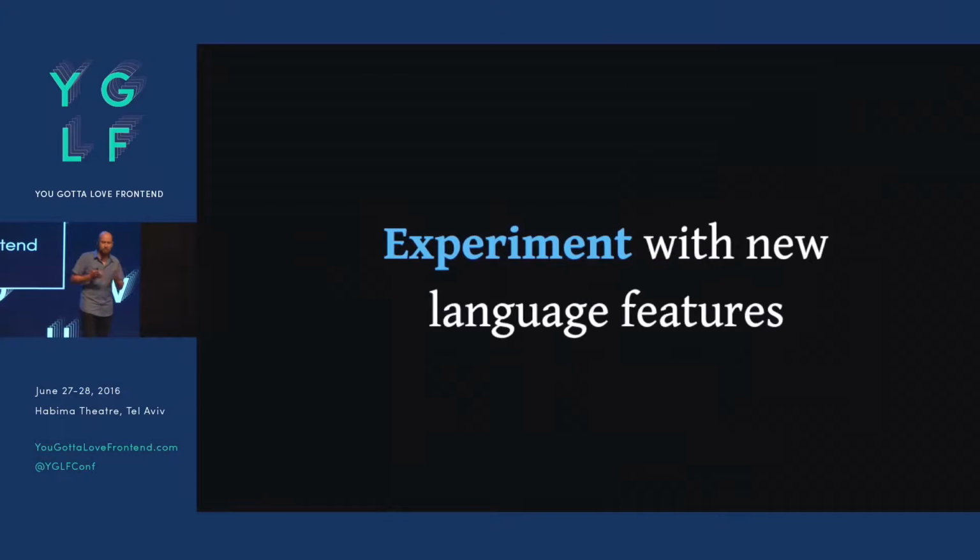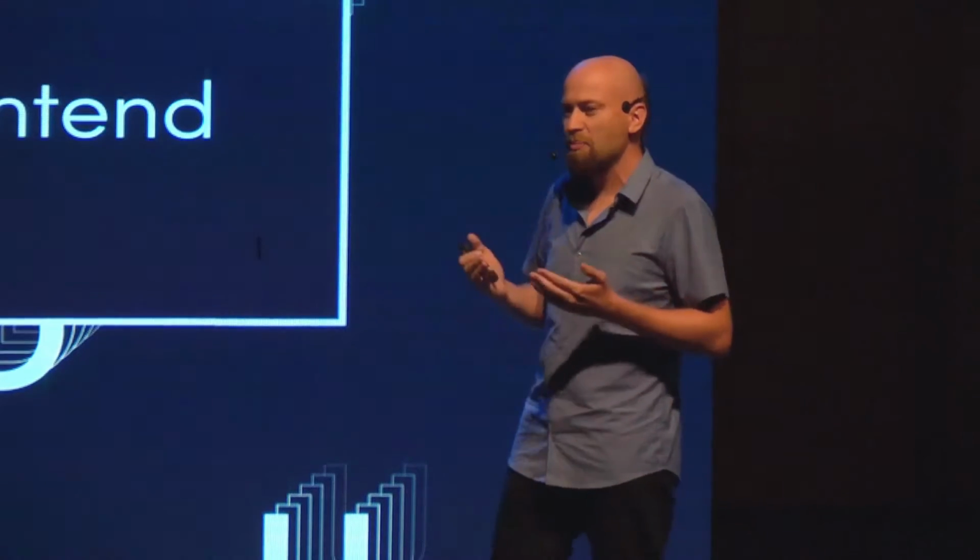But more than that, I can actually test drive future features of languages. So not only do I not have to wait for specific features of JavaScript to arrive in the runtimes, I can even test them before the spec is actually finalized. And this is great because the community can provide faster feedback.